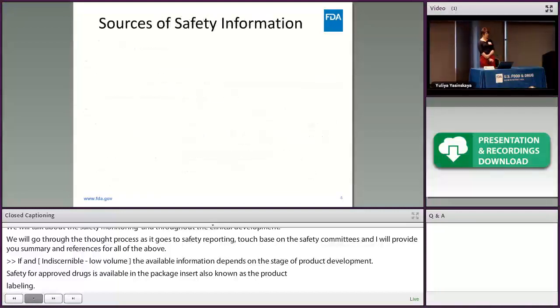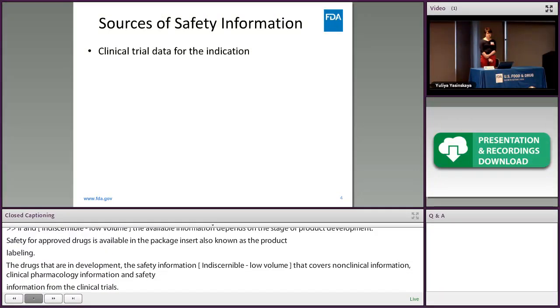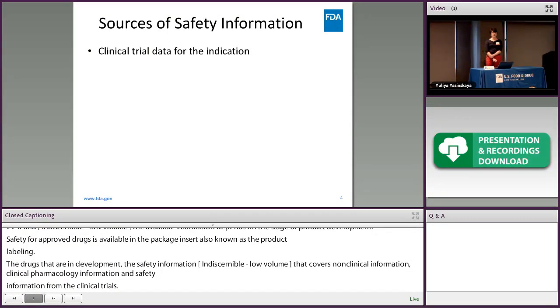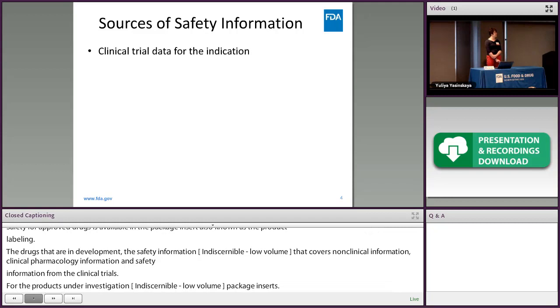With regard to the sources of safety information, the most pertinent one will be clinical data that is collected in the population in which the indication is being studied, because it gives you a level playing field of the risk factors as well as the underlying medical conditions and concomitant medications in that patient population.